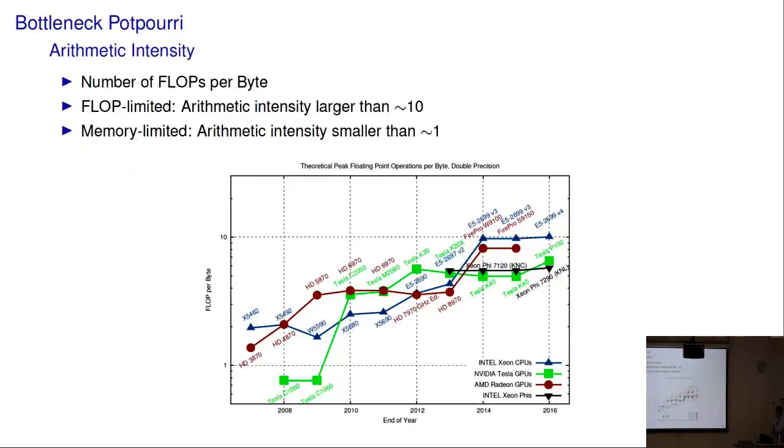And then also, you have to think about bandwidth and the arithmetic intensity we already talked about, the number of flops per byte. And let's see, the theoretical peak floating point operations per byte in double precision have gone up a lot, and that doesn't really help us that much because we tend to not operate in these areas with our PETSc algorithms. We're usually at an arithmetic intensity that's smaller than 1.